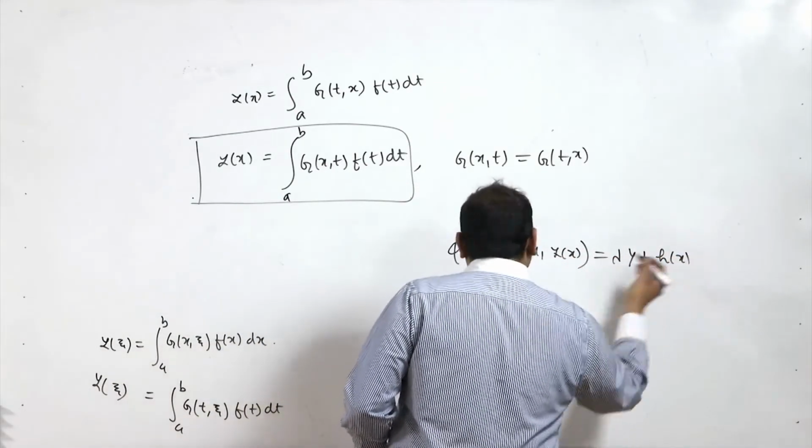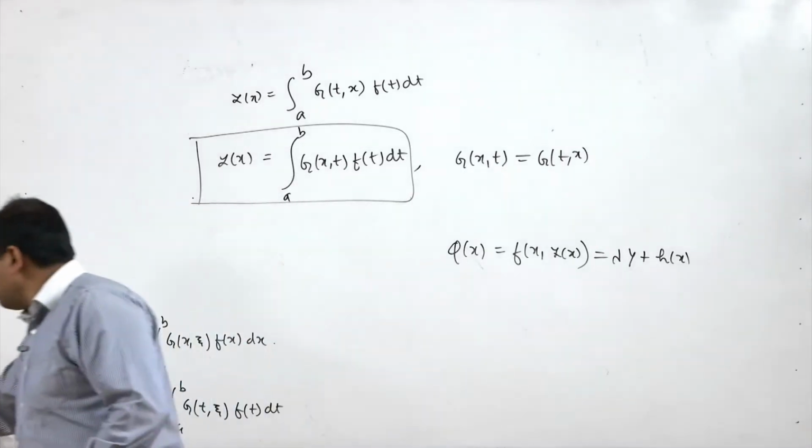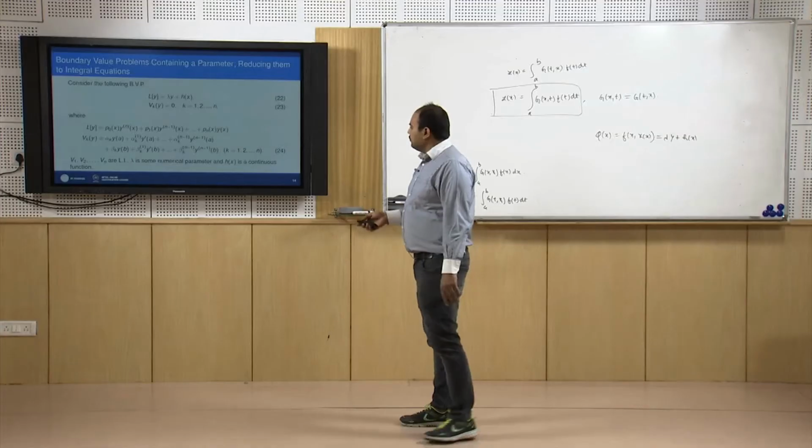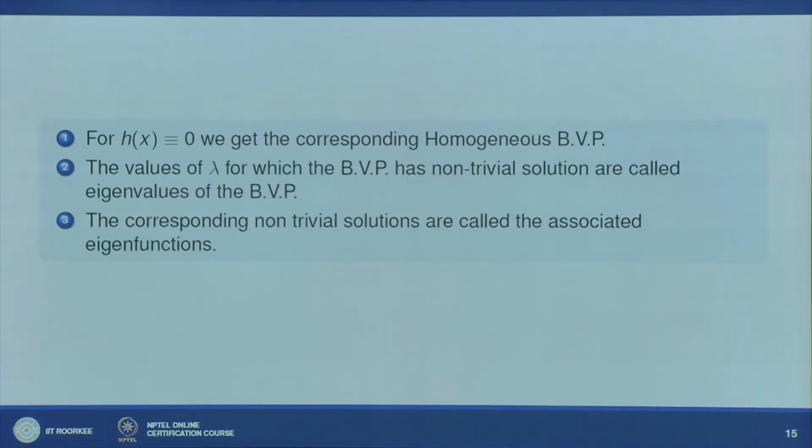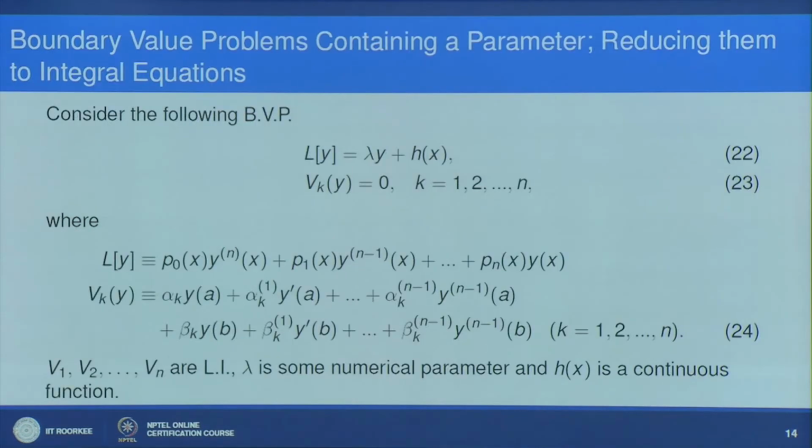So we can use the result which we have already described, and we can say that this problem along with the boundary condition, where Ly you can take as any linear operator, and an orthogonal linear operator we have taken here, can also be converted into an integral equation.